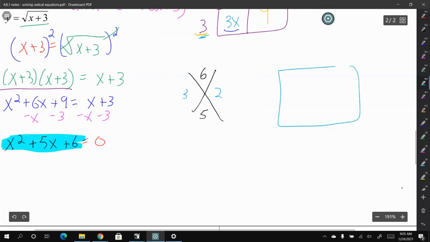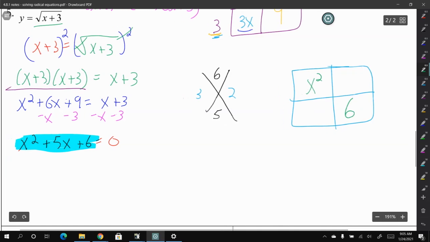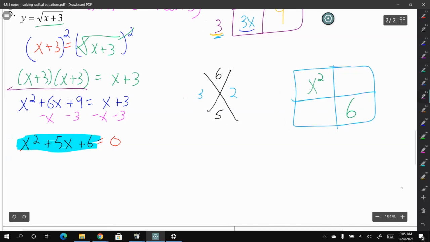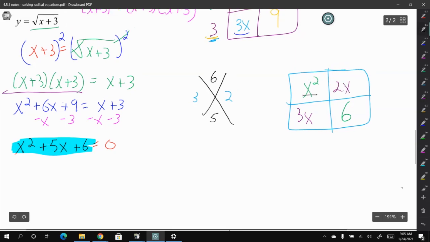So let's draw our box. And we're going to have x squared and 6. And then 3x and 2x. Your GCF of the first column is x. GCF of the second column is 2.